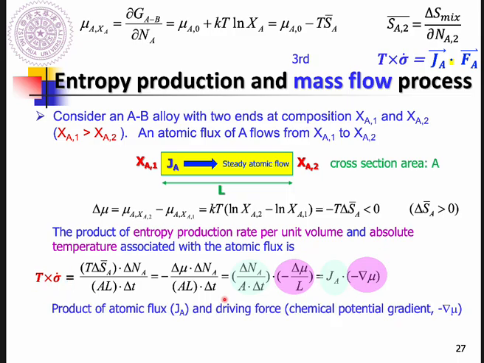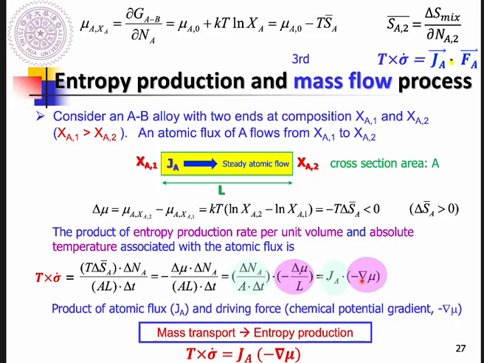So I have successfully demonstrated that in a steady mass flow process, the absolute temperature times sigma dot, the rate of entropy production, equals the atomic flux times the driving force, which is the negative chemical potential gradient. So atomic flow produces entropy. This equation describes the phenomenon well, so as long as I know these, I can calculate sigma dot.